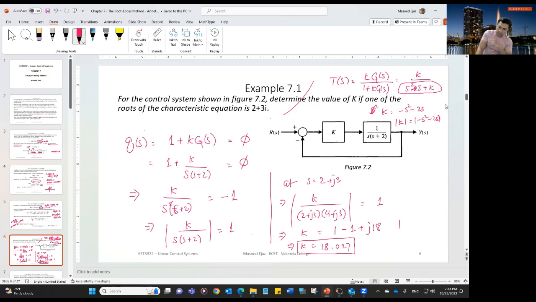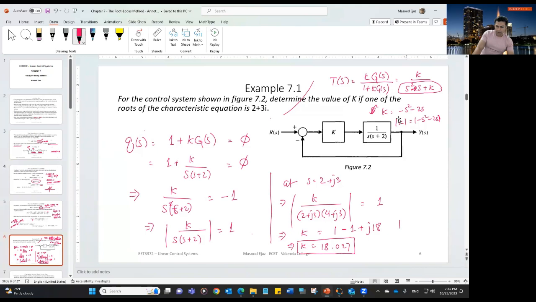For each value of k that you change, it's going to produce two roots. Those roots can be real or complex. If they're complex, they're going to be complex conjugates. If you put together all those roots and connect them with lines, that's the root locus of this characteristic equation.